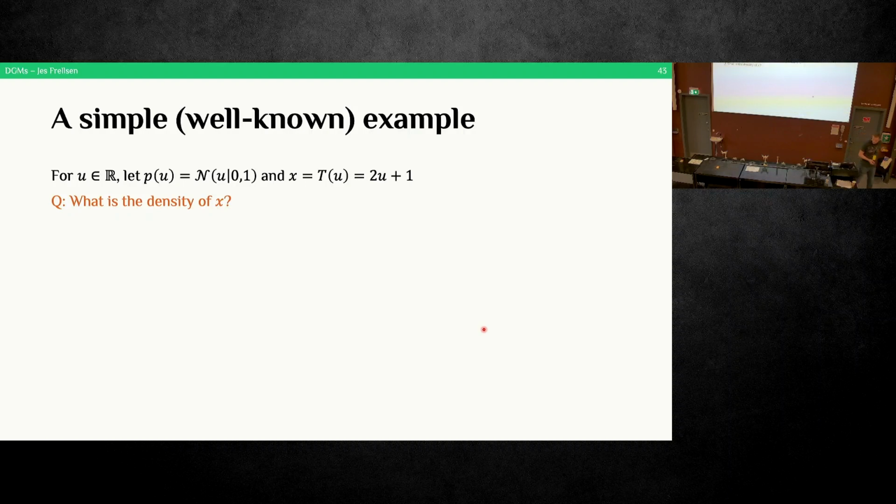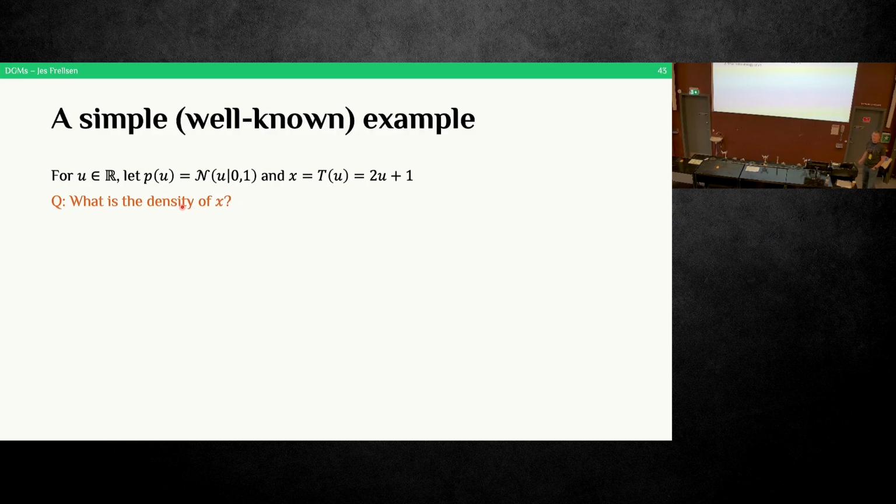This is hopefully a well-known example of something that you could actually consider to be a flow model. So let's assume that U is just lying on the real line. We assume that P of U is a normal distribution, and then we assume that our transformation is just 2 times U plus 1.